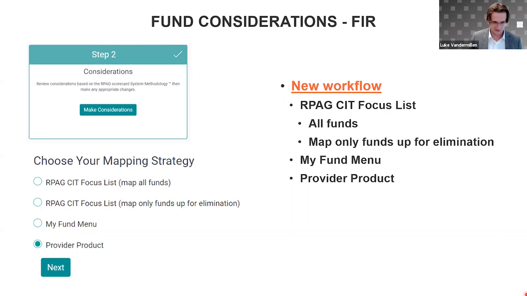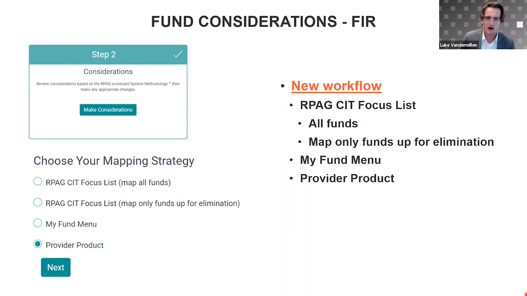And so depending on the strategy that you're taking with the investment lineup of this particular client or prospect, you can choose how you want your mapping to look. So we have now 4 different options for you to utilize, and we wanted to streamline this a little bit for you all. So the first 2 options for the mapping strategy are related to the RPAG CITs.